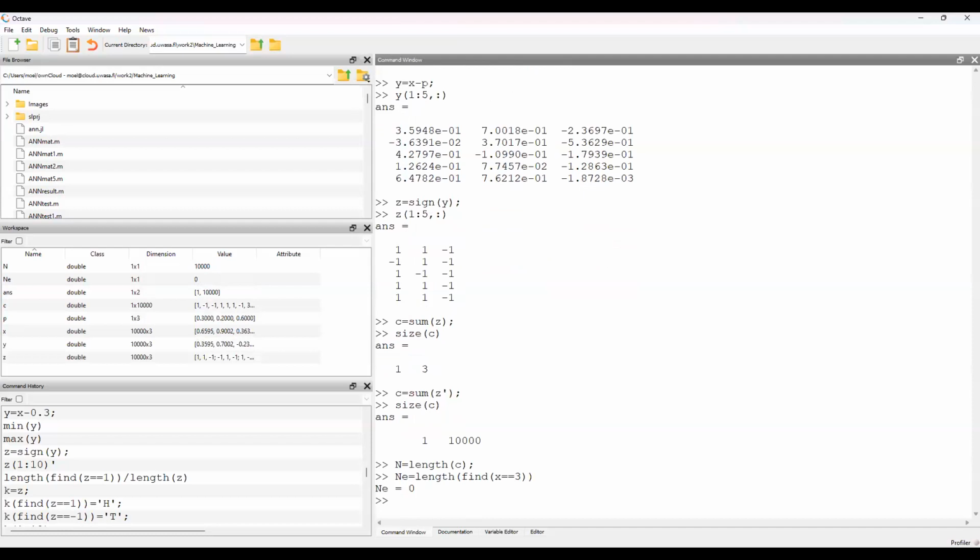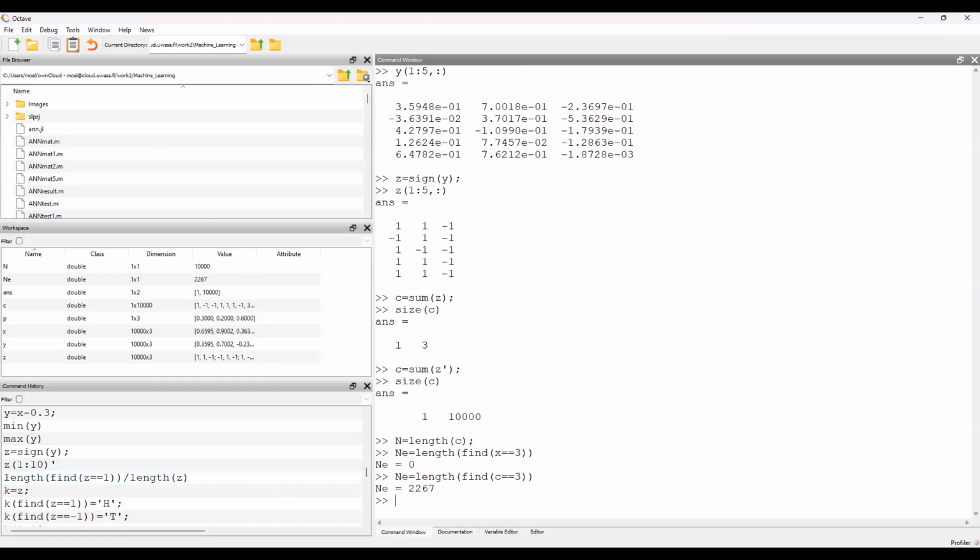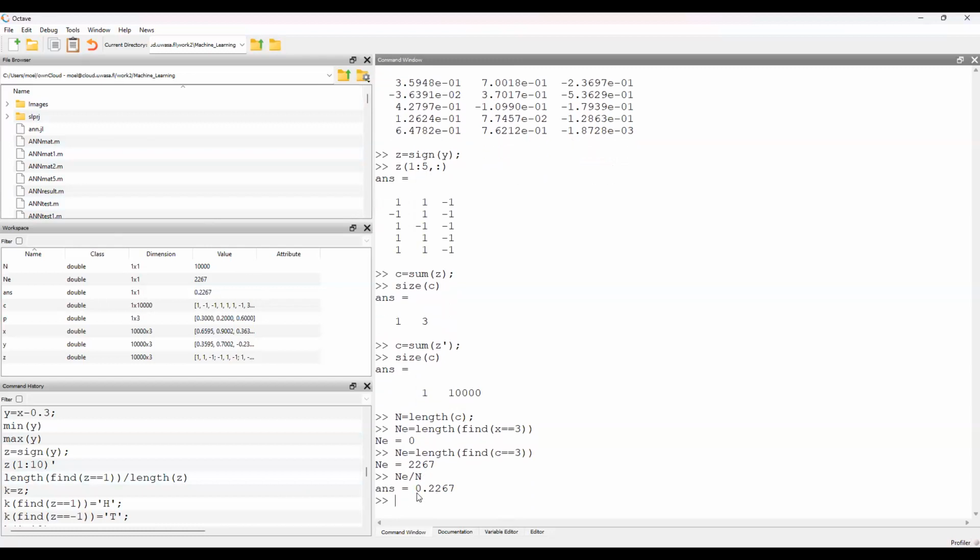Sorry, it should be C, not X. So the number of events is equal to 2,269. Then the probability will be NE divided by N. It is 0.2267. You can see now we found the probability that we get all head without solving it.